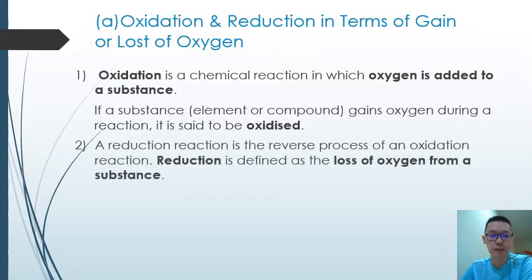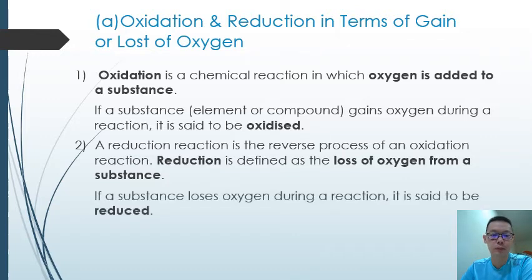On the other hand, a reduction reaction is the reverse process of an oxidation reaction. Reduction is defined as the loss of oxygen from a substance. So if a substance loses oxygen during a reaction, it is said to be reduced.